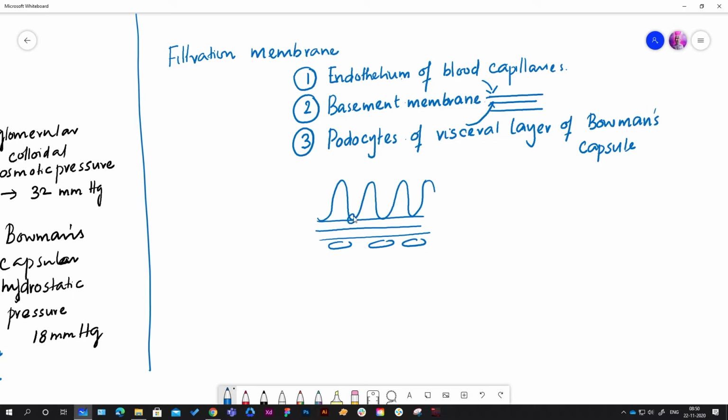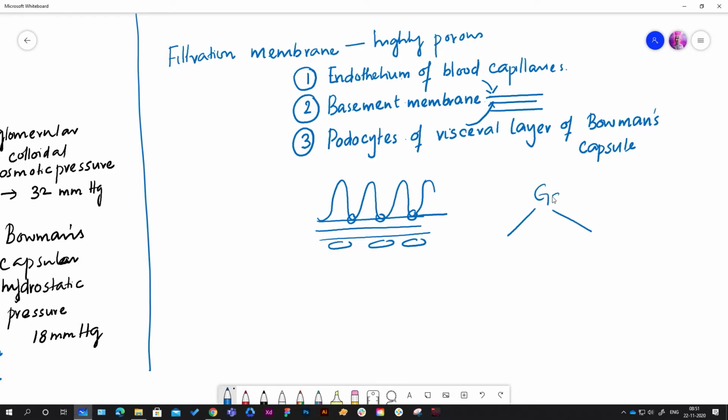Now there is a gap between the podocytes also, which is called the filtration slits. So this filtration membrane is highly porous. It is highly porous because there is a gap in the endothelium also. Now let us look at the gaps which are present.